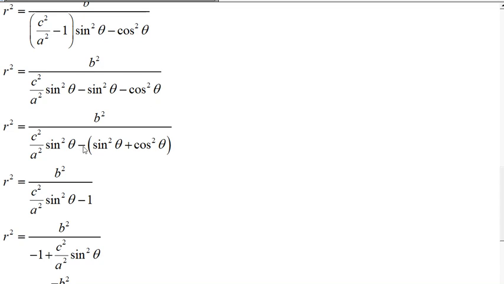We can rewrite it as minus sine squared of theta plus cosine squared of theta.